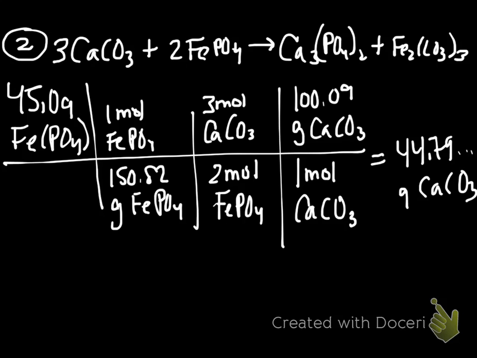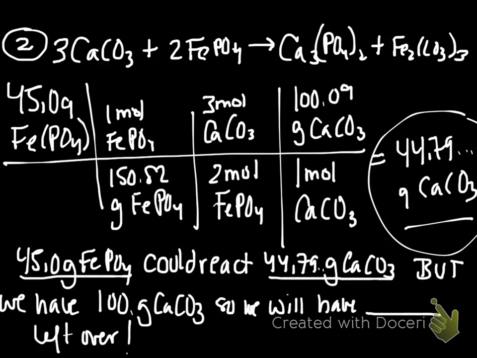So now we know that 45 grams of iron 3 phosphate can react this much calcium carbonate, but we've got 100 grams of the stuff. So what amount are we going to have left over? What we were given minus this. And you can rewrite your sentence a second time. Here's what that would look like. 45 grams of iron 3 phosphate could react 44.79, etc. grams of calcium carbonate, but we have 100 grams of calcium carbonate.